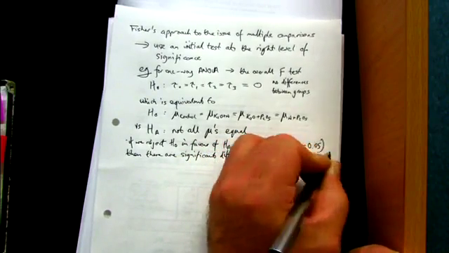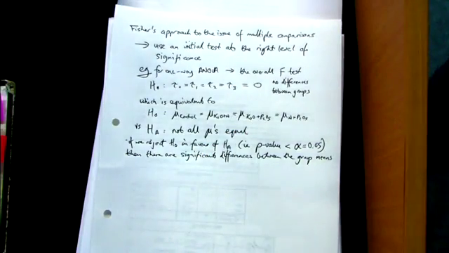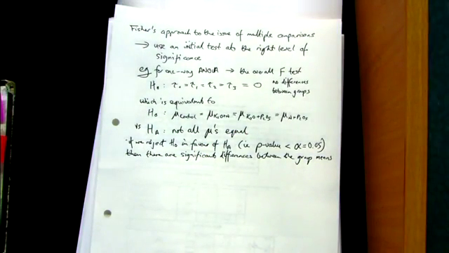So we shouldn't be too surprised if we then go trawling a bit further and we find a significant difference between group means, because this test tells us we could expect to find that.